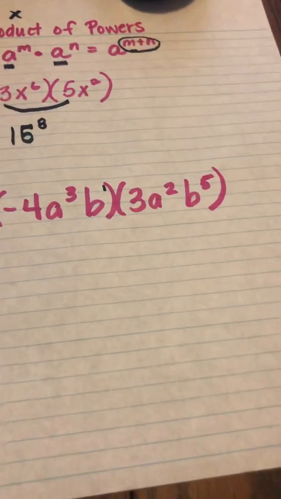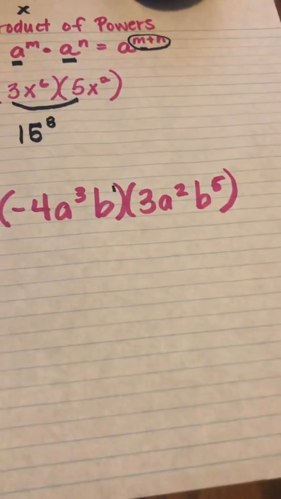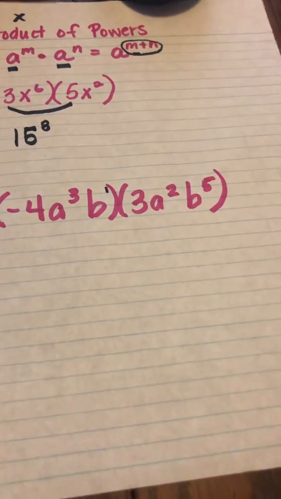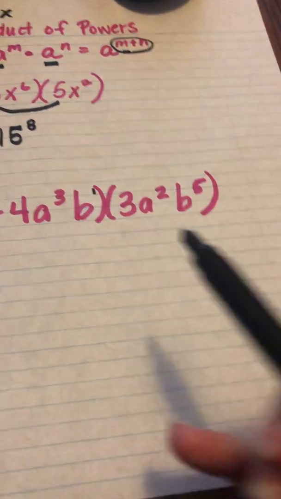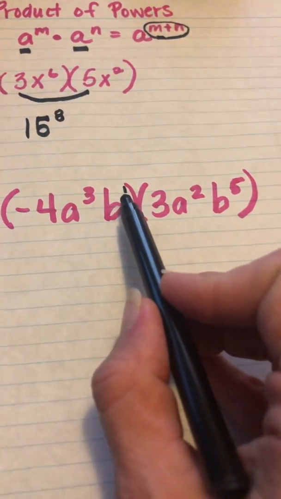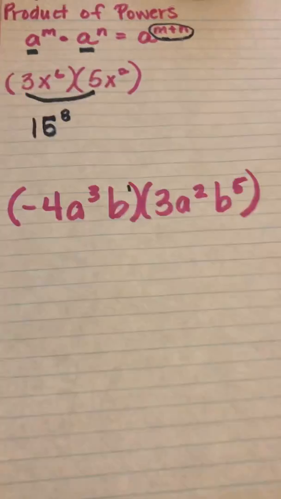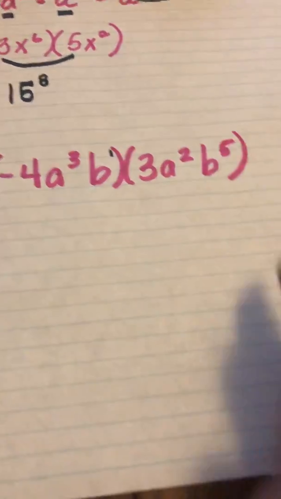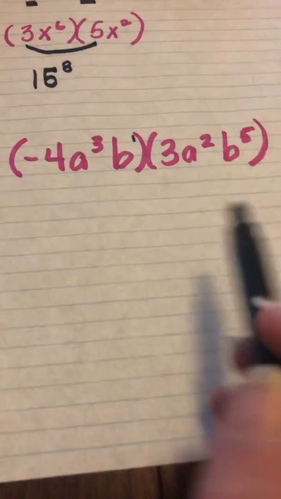Even though you don't see it, you know that there's a 1 in front of that x. Or when it's negative x, we say it's negative 1 in front of the x, even though it's not seen. Since this doesn't have a given power, you have to assume that is a 1 there. And that becomes very important when we have to add our powers together.